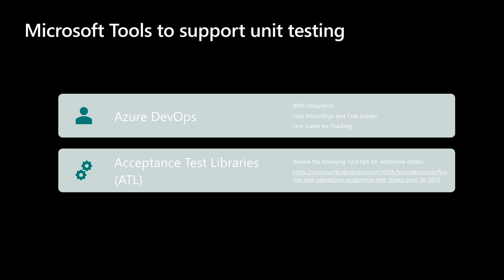These are essentially the set of tests that can be automatically run within Visual Studio against all of our predefined tests from a Microsoft perspective. So as you're developing new functionality, you can run it against our standard ATL libraries to ensure that your code doesn't break any of our standard functionality out of the box.